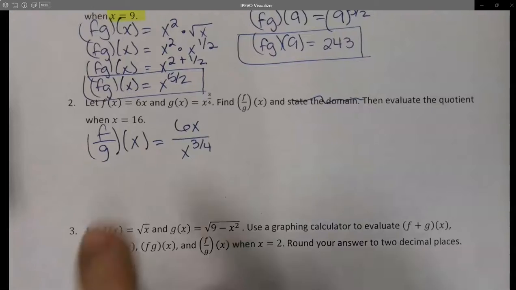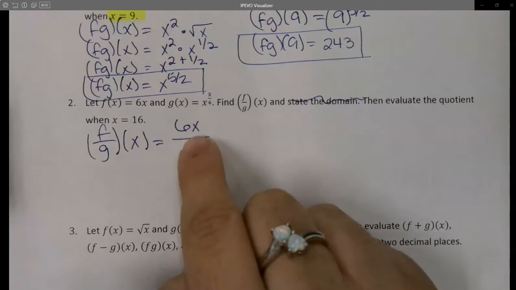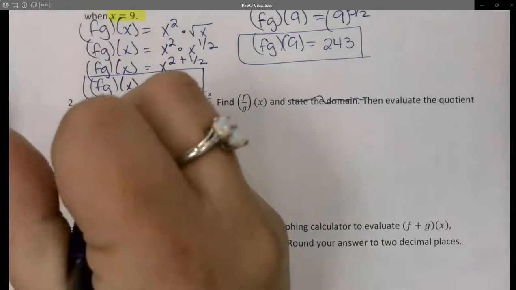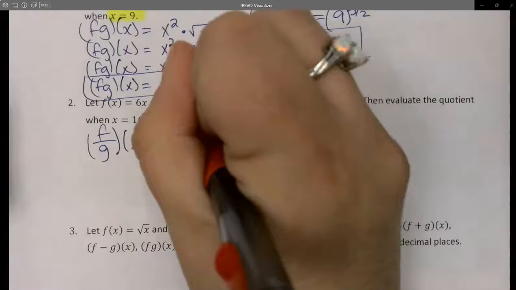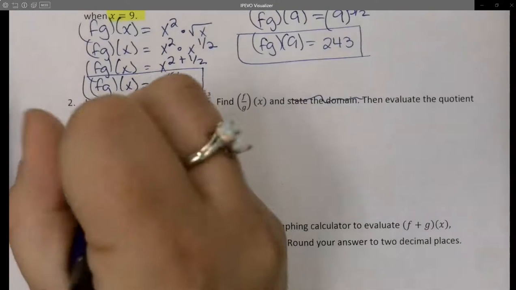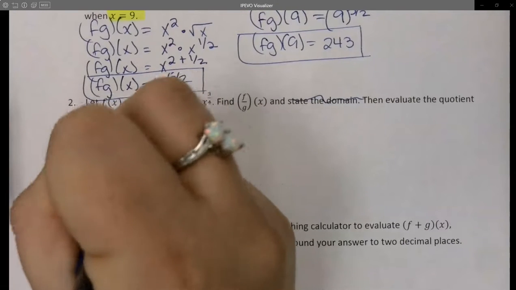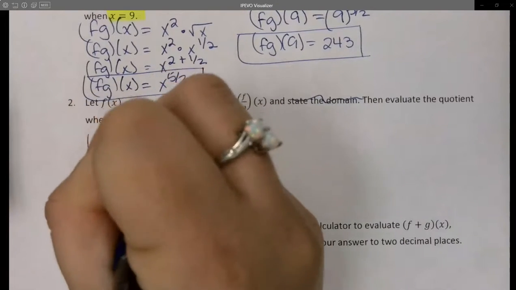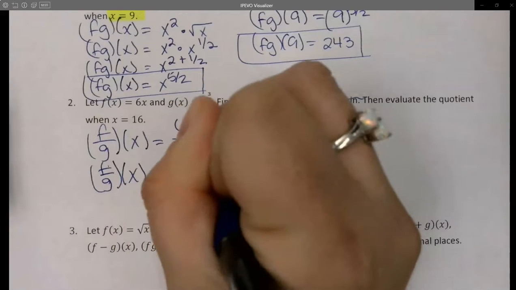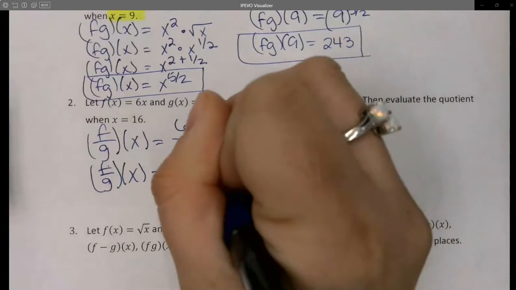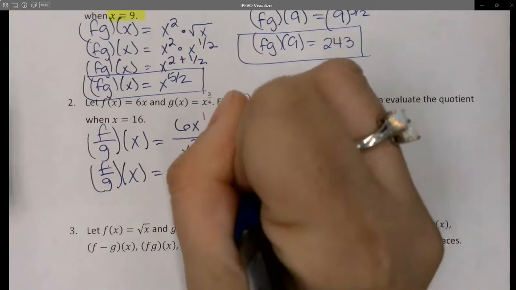Then since I'm dividing the same base, the x and x, I can subtract my exponents. Remember, this one has a secret exponent of 1. So I have f divided by g of x, and I'm going to have 6 times x to the 1 minus 3/4 power.